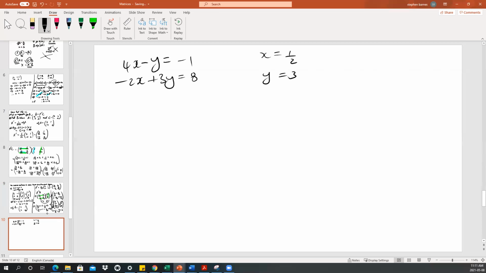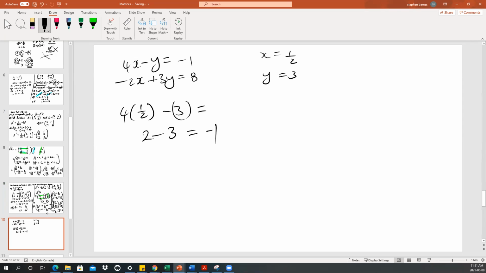So we're just testing this, and we really just need one piece of the simultaneous equations to test it. Substitute the half, and we want to get minus 1. So 4 over 2 is 2, and yep, we get minus 1.